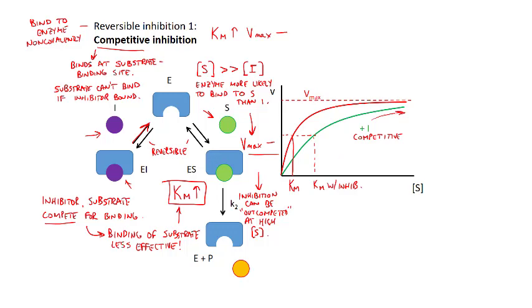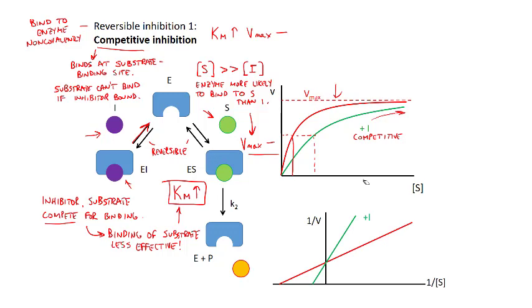This is what would happen to your Michaelis-Menten graph. A couple lectures ago, I mentioned that we teach the Lineweaver-Burk graphs because they're handy in certain applications, and enzyme inhibitors is one application. Lineweaver-Burk graphs make it obvious at a glance what type of inhibitor you have. This is what a competitive inhibitor does to the Lineweaver-Burk graph.